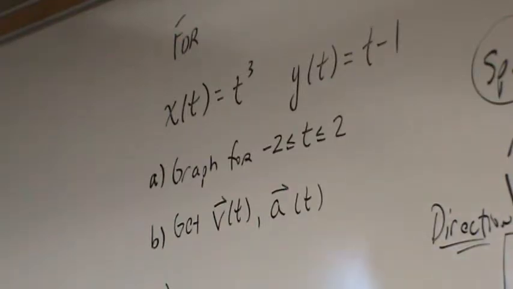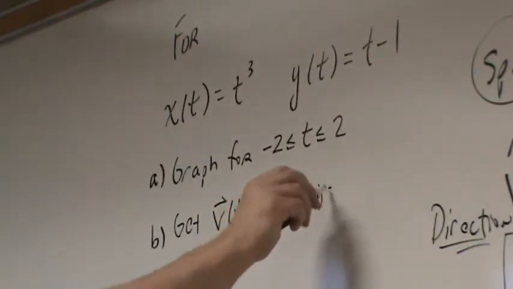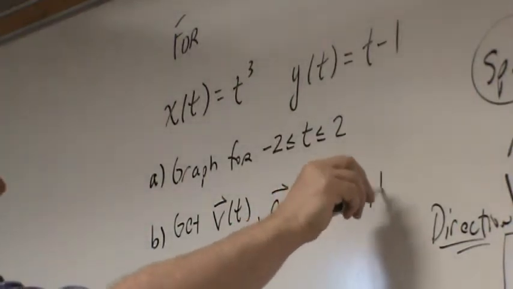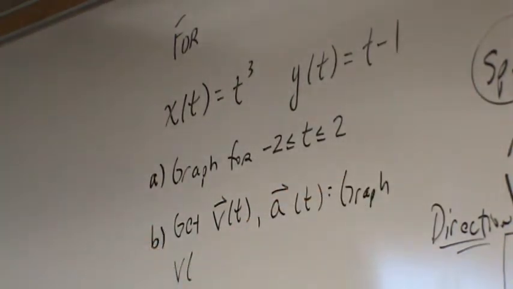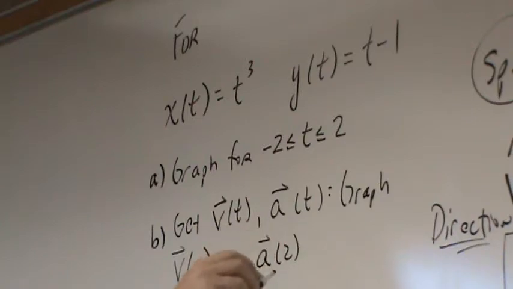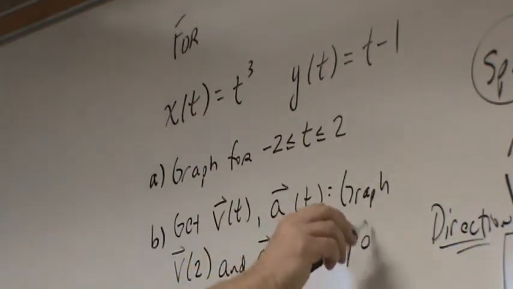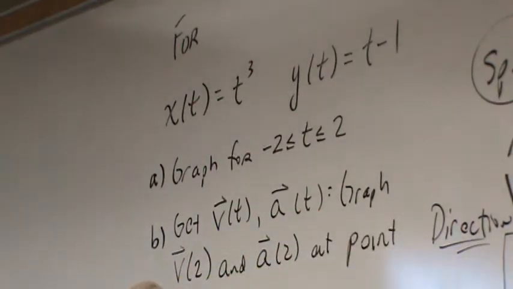Oh, I'm sorry, get v of t and a of t, and then graph v of 2 and a of 2 at the point r of 2.